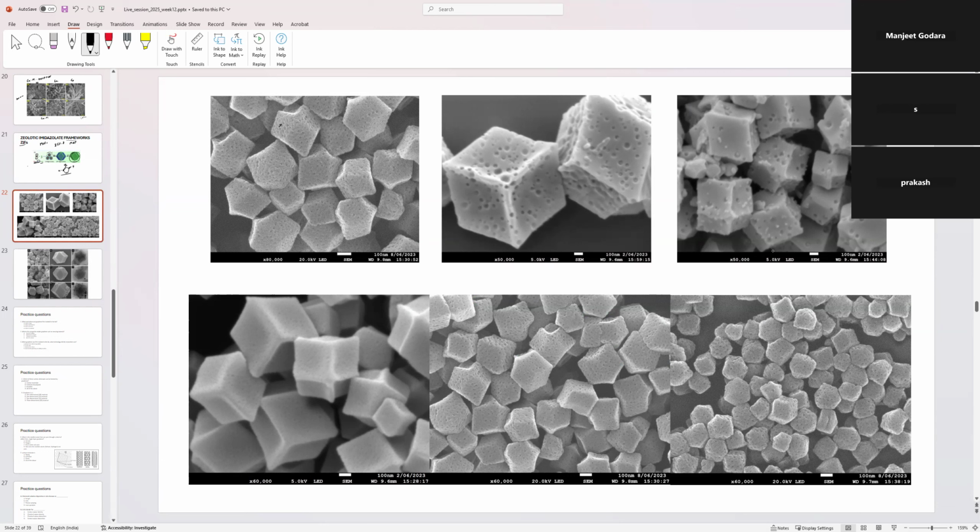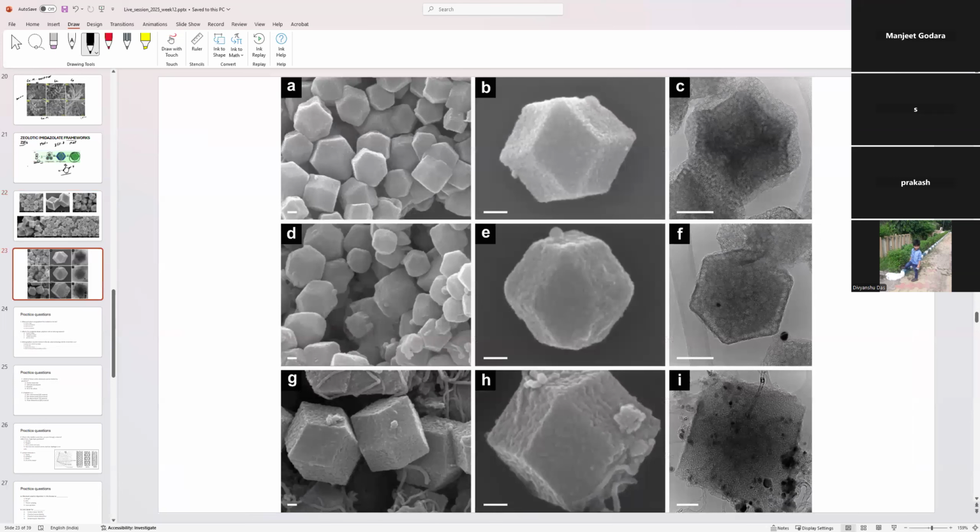There are different concentrations and different block polymers used, so there are different sizes of the holes and different densities. As you can see, this is carbonized. Once you have this MOF, you put it in a tube furnace at 900 degrees Celsius. All of the MOF is converted to carbon.